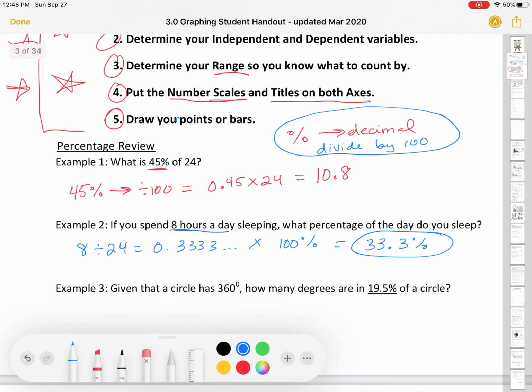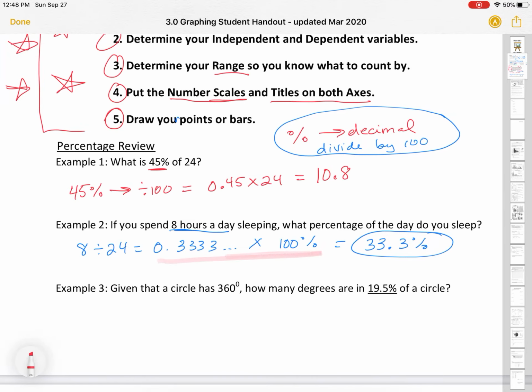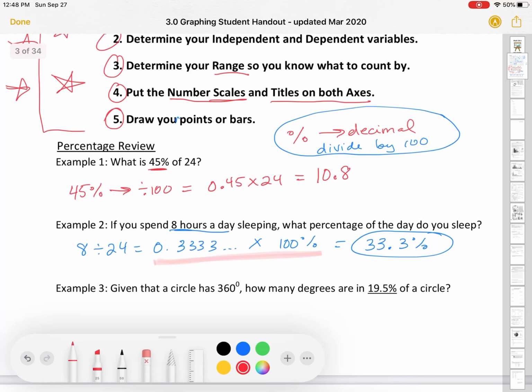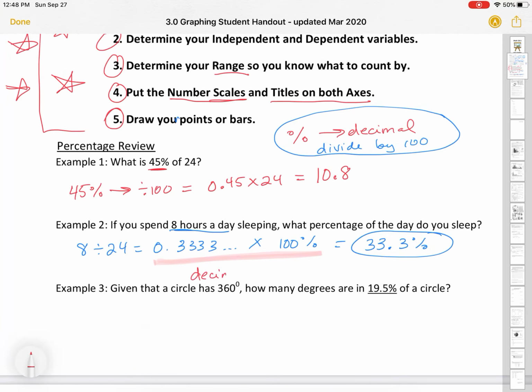So if we're going from our fraction to a percentage, once we have it in our decimal form, we just multiply by 100, okay? So let's write that out. Decimal times by 100%, okay?